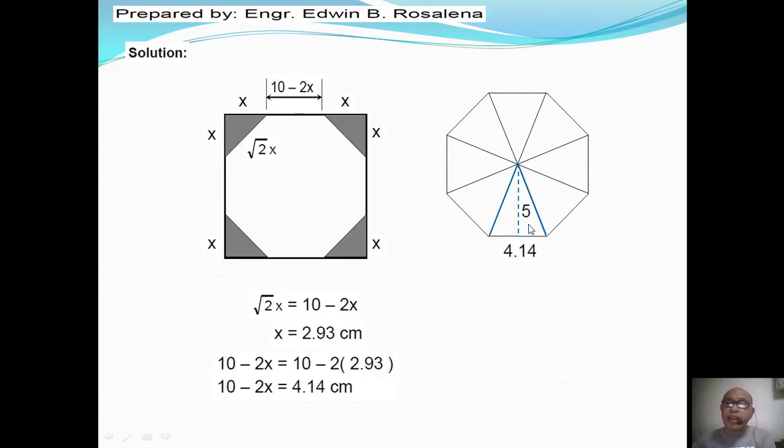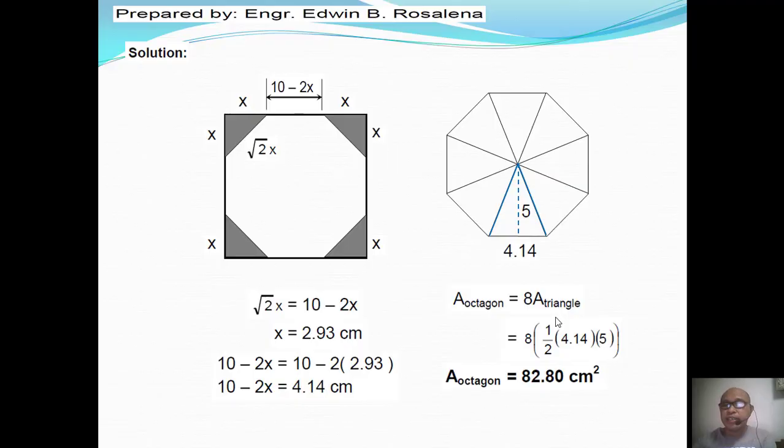So I can solve for the area of one triangle and then just multiply it by 8. The area of the octagon is equal to 8 times the area of the triangle. Then we have the answer: 82.8.